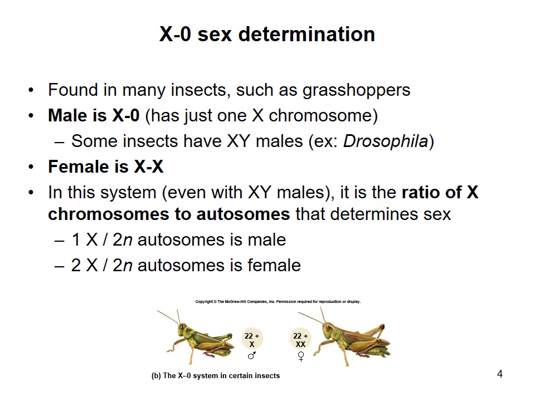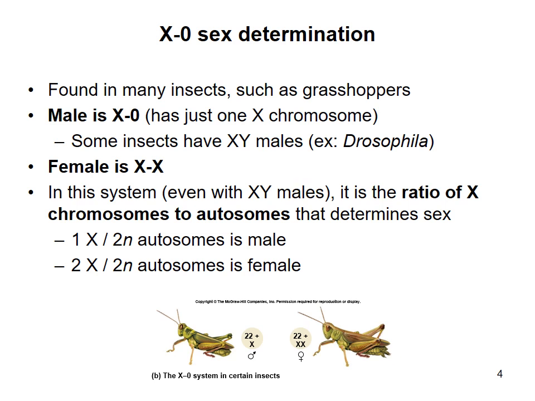And the O basically means that there's nothing there. It's absent. So from a grasshopper standpoint, and this actually happens in a lot of insects, if the offspring only inherits one X chromosome, it's genetically a male. A female will inherit both copies, so you'll have XX for the females. So it's all about the ratio of X chromosomes compared to autosomes.